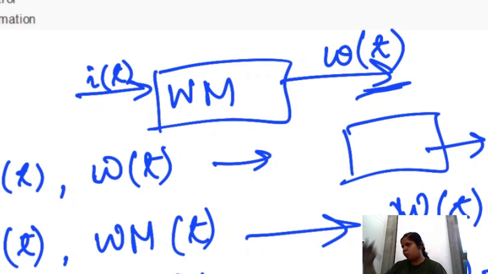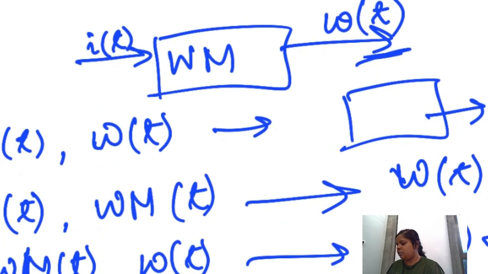Let's say you have a motor and you say I want to drive it at 1500 rpm, a DC motor at 1500 rpm. I know the differential equations of the motor, so what is the input I should give, what is the current I should give to get that speed? That is a control problem where you really want to know what is the input that is to be given.